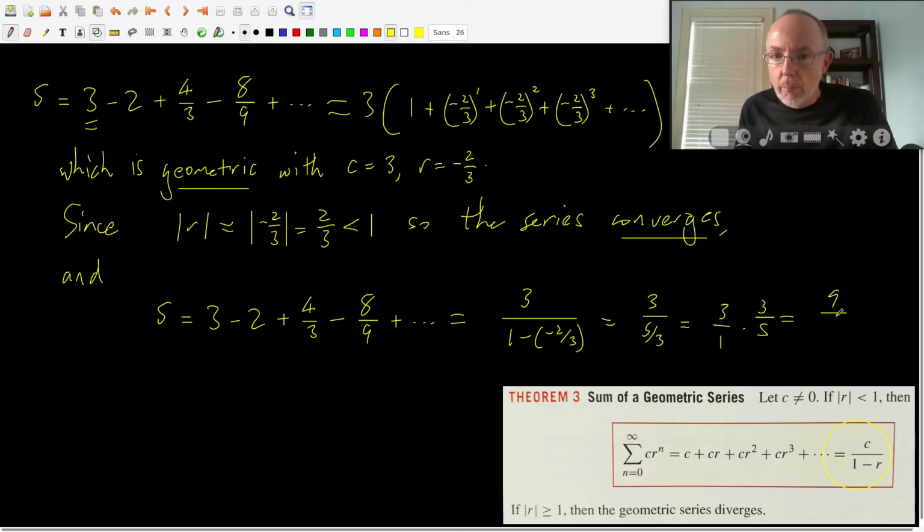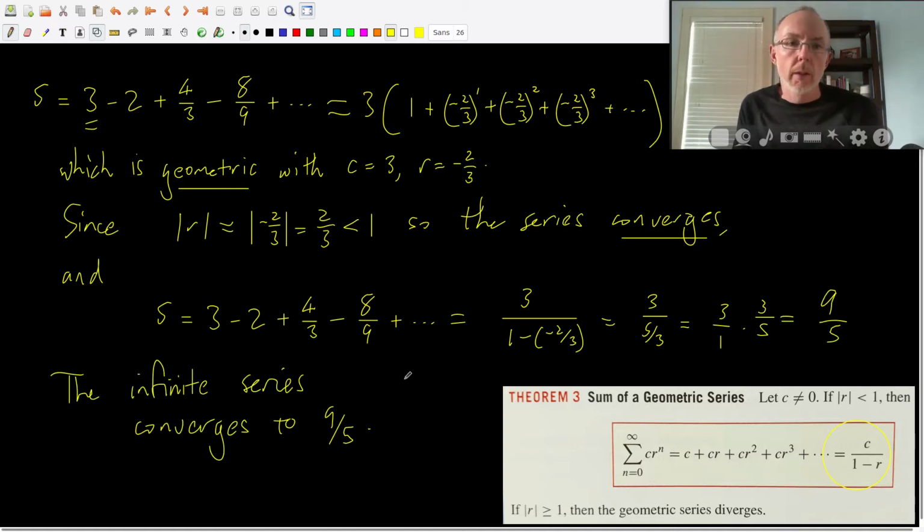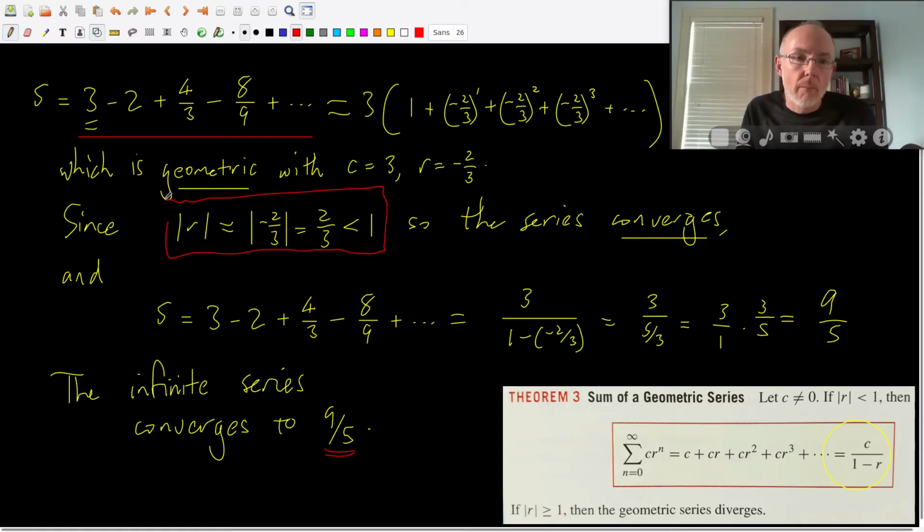So that adds up to 9/5. So we're able to say that this is an infinite series that converges, there's the infinite series up there, and it converges to 9/5, just through a little bit of algebra. And it relies on this test of the r value itself, and the r value we got by looking at the series and checking things out.